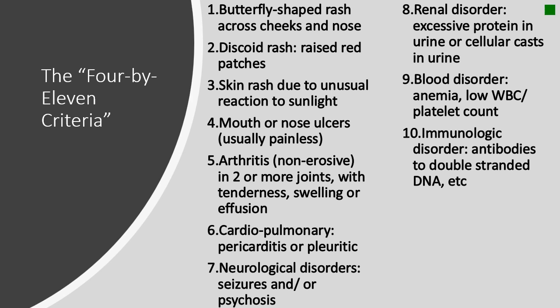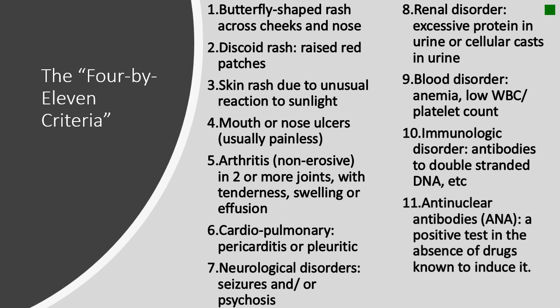Immunological disorders like antibodies to double-stranded DNA, etc. And anti-nuclear antibodies, the ANA, a test that is positive in the absence of certain drugs known to induce this condition. So these are the 11 criteria, and if a patient qualifies 4 out of these, we can say that the person is likely to have SLE.